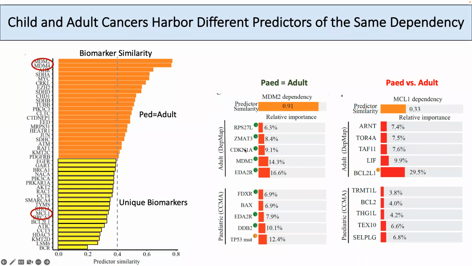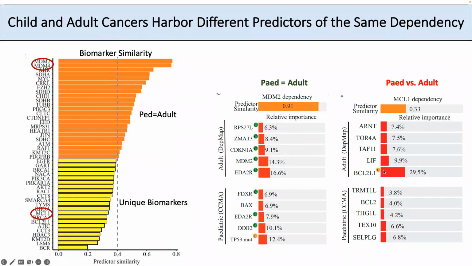However, in other cases, we found, such as in MCL1 genetic dependencies, it's well described that BCL2L1, another compensatory anti-apoptotic gene, is very important. Its expression is important in predicting MCL1 dependency.